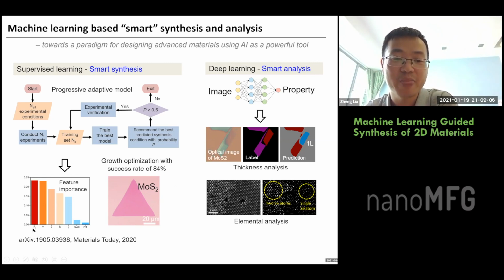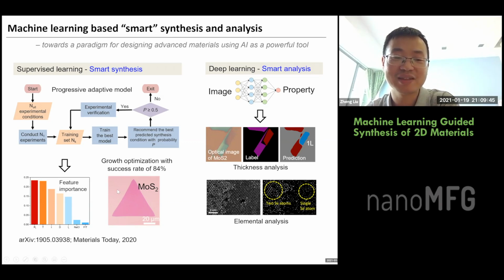For example here, temperature and RT are very important, which means we need to control them carefully so that we have a high chance to grow the molybdenum sulfide. And it's not 100%, it's all about probability. Finally, with the better parameters, the successful rate for growing the molybdenum sulfide is still not 100%, it's more than 80%.